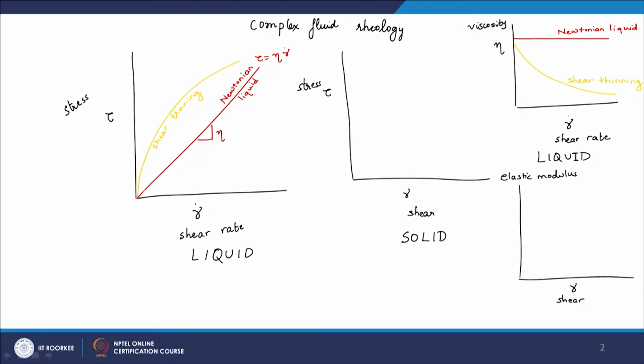And then for materials or liquids for which the viscosity increases, it is given like this. It is shear thickening, and for these materials you see something like that.